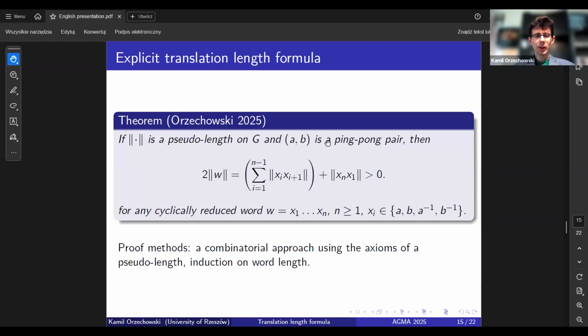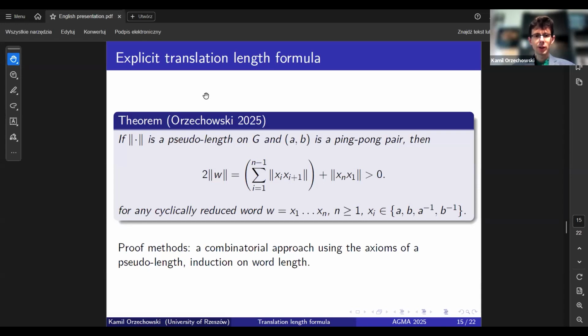I have chosen a different approach, a combinatorial one, and I obtained an explicit formula for translation length. So if we have a pseudo-length on G and A, B is a ping-pong pair, then we can compute the exact value of the pseudo-length of W for any cyclically reduced word W. It depends on the pseudo-length of products of consecutive generators. In fact, it can be computed for all words since pseudo-length is invariant under conjugation.